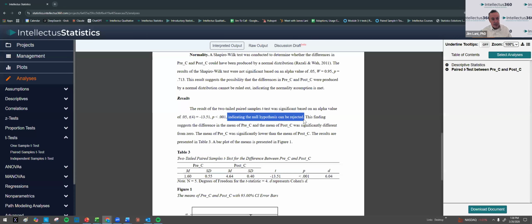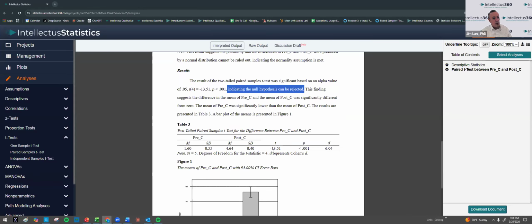Most DNPs don't use hypotheses or do research, so you won't need that phrase, okay? Once you know that that t-test is significant, you can state that, hey, gosh, yeah, confidence scores increased post some intervention from baseline, or that pre, okay? That D that we talked about earlier, the effect size, is sitting there.